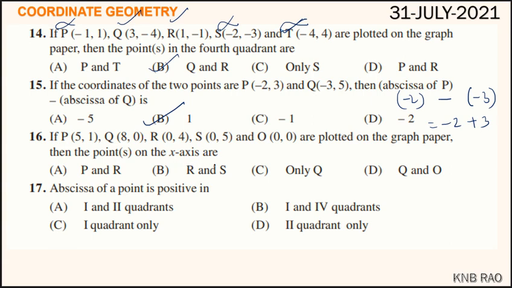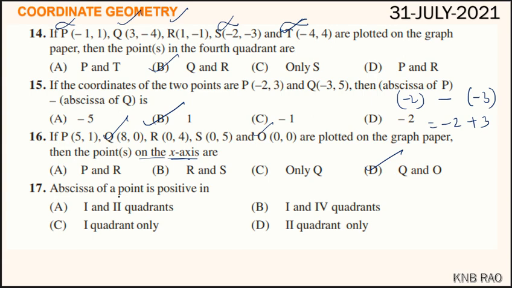Watch where the y coordinate is 0. Y coordinate is 0 in obviously origin, y coordinate is 0 in Q, and in the rest of the points y coordinate is some number. So since they said lying on x-axis, y coordinate is 0 only in Q and origin. So right option is D.